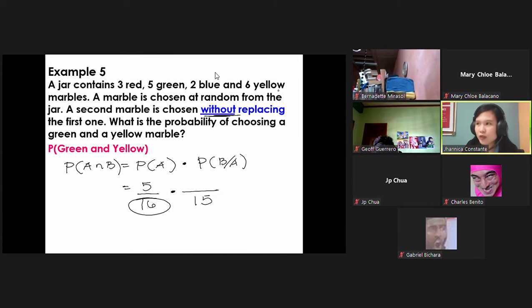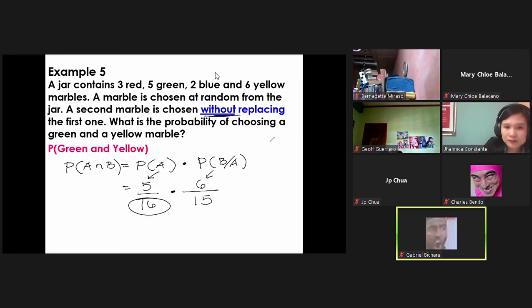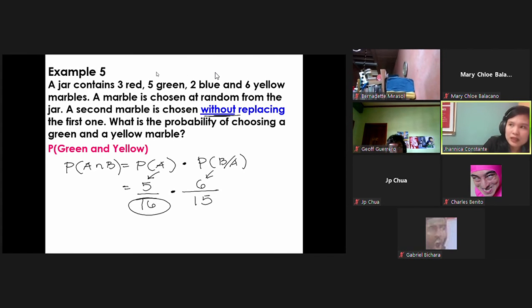So the number of yellow marbles is 6. So that is the probability of our second event. Bakit nag-decrease ng 1? Because the event that you did first is affecting the probability of the second event. That's why it becomes 15.